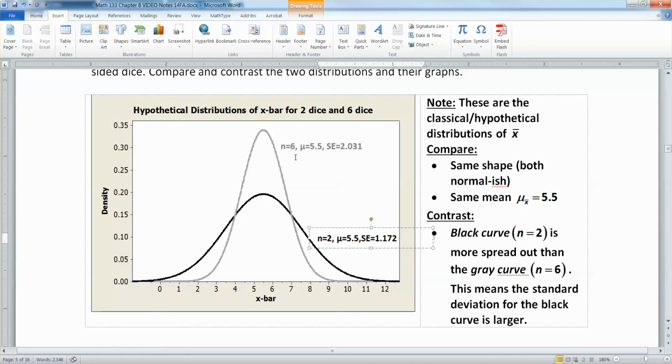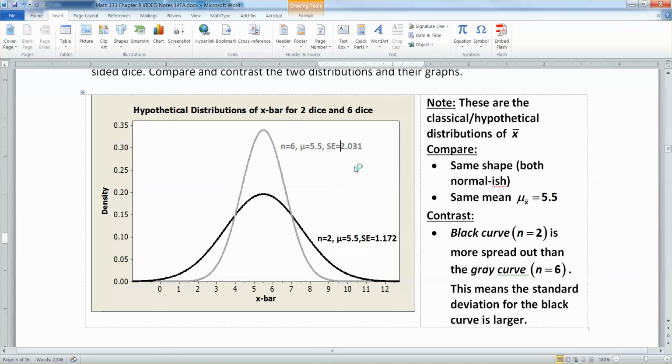So this curve, this gray curve, has n equal to 6. The mean is 5.5, which is what we said it was over here. And then the standard error is 2.031. Whereas the black curve has n equal to 2, which means the mean is still 5.5, but the standard error is now about 1.172, which backs up what we said here, which is that the black curve, where n equals 2, oops, nope, I have them backwards.